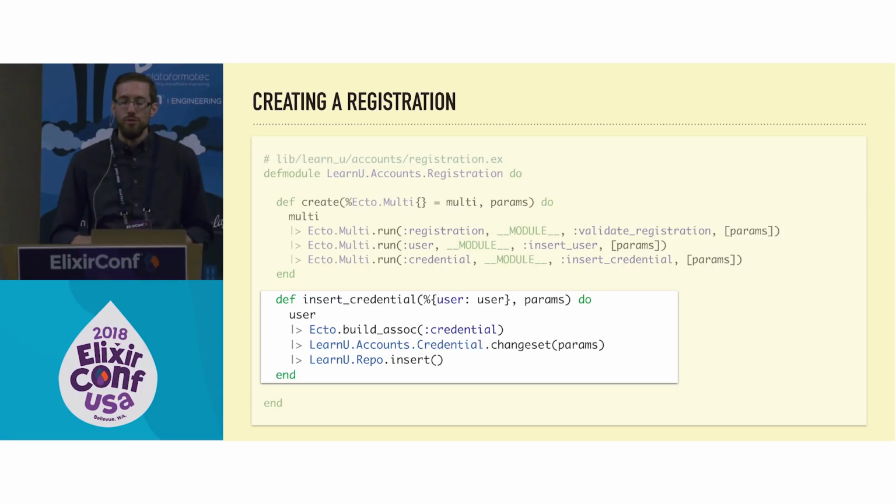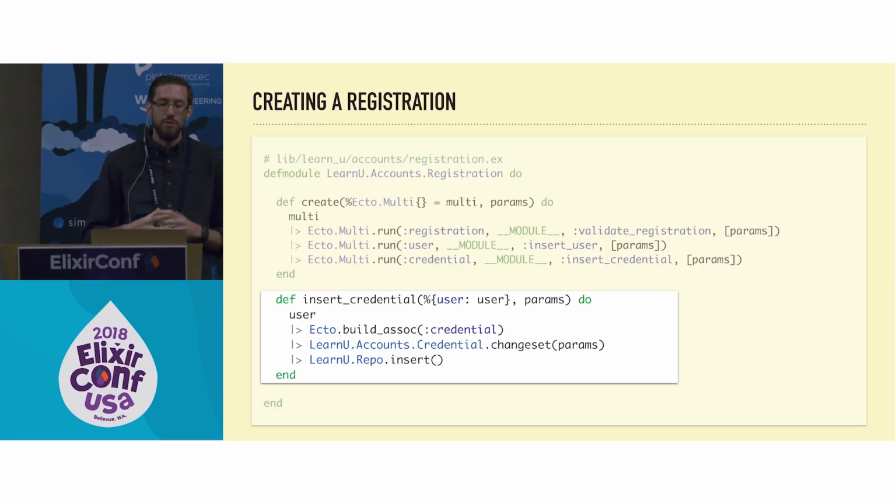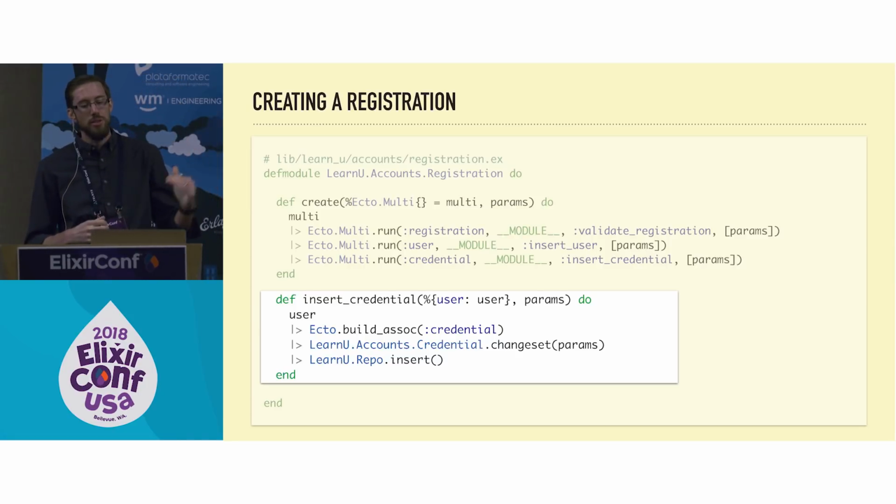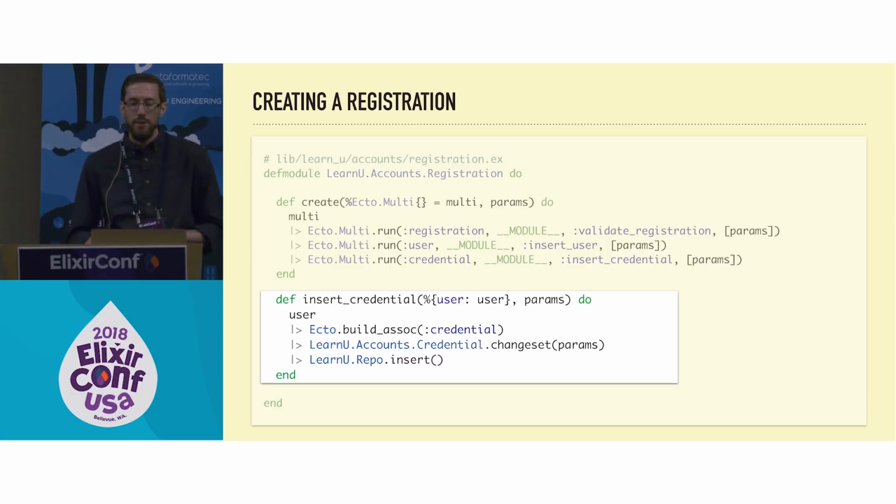The insert credential function is the last step in the Multi run and is responsible for inserting a record into the credentials table. If either step prior to this resulted in failure, this function would never be executed. If this function fails, then it rolls back the prior insertion into the users table.